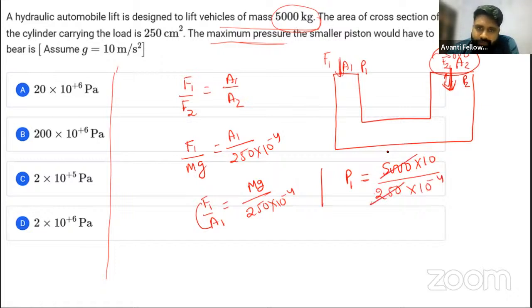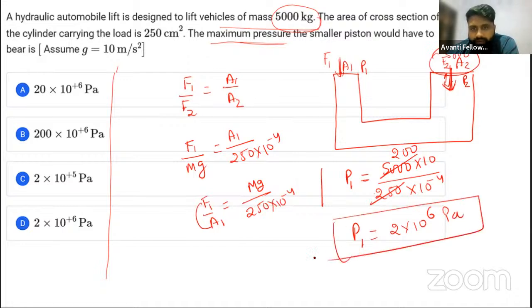It cancels out, so it becomes 2000. So P1 will become 2 times 10 raised to the power 6 Pascal. This is the maximum pressure that the piston would have to bear. So you are correct, absolutely correct. Option D is the correct option.